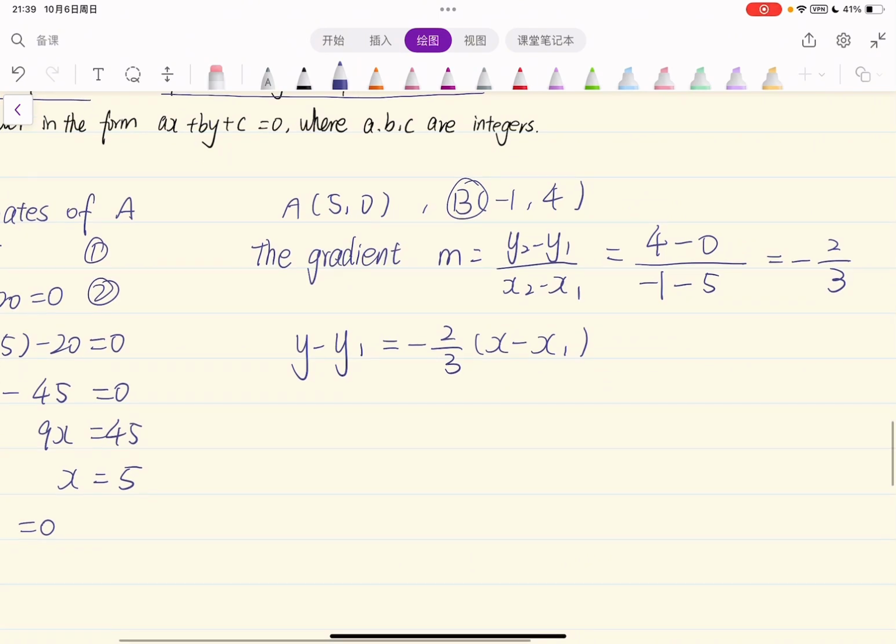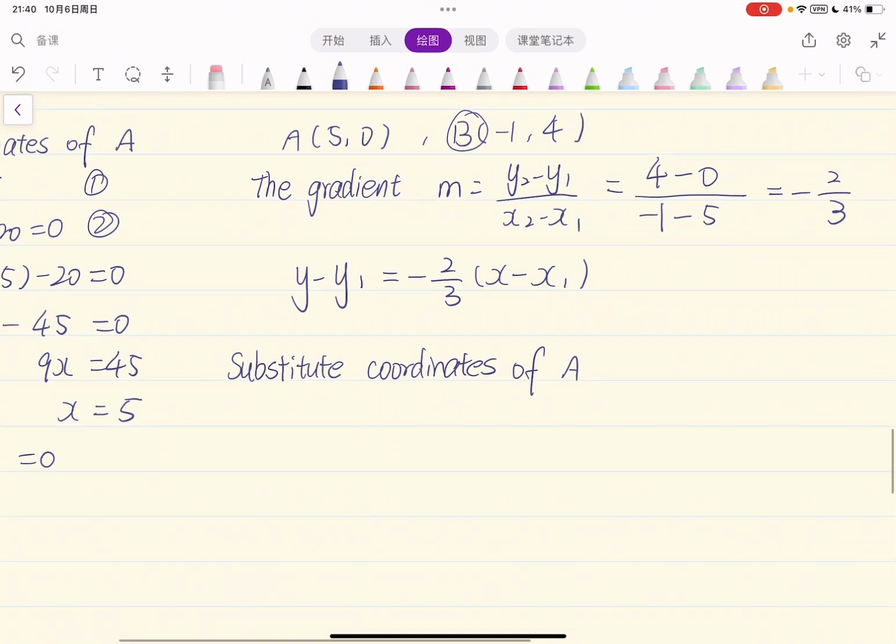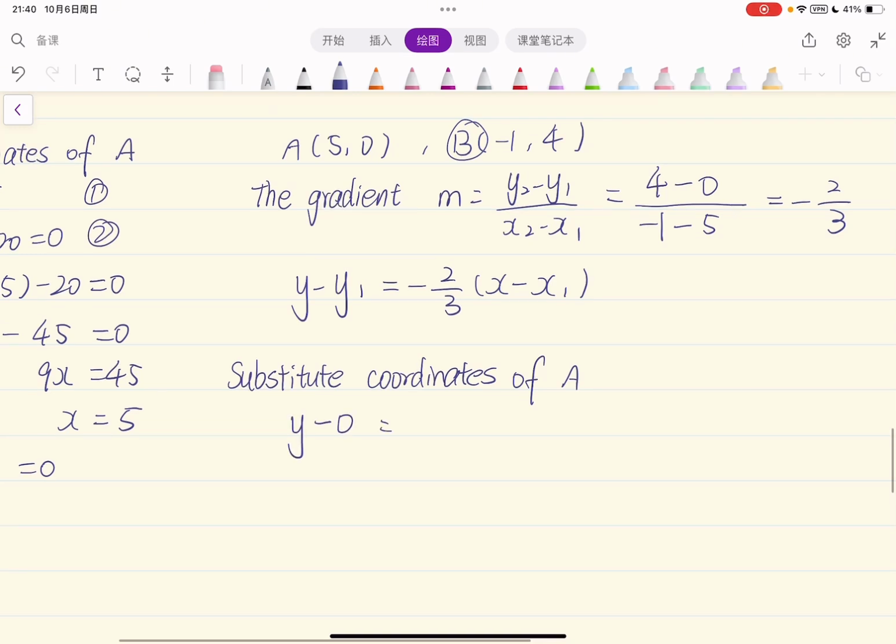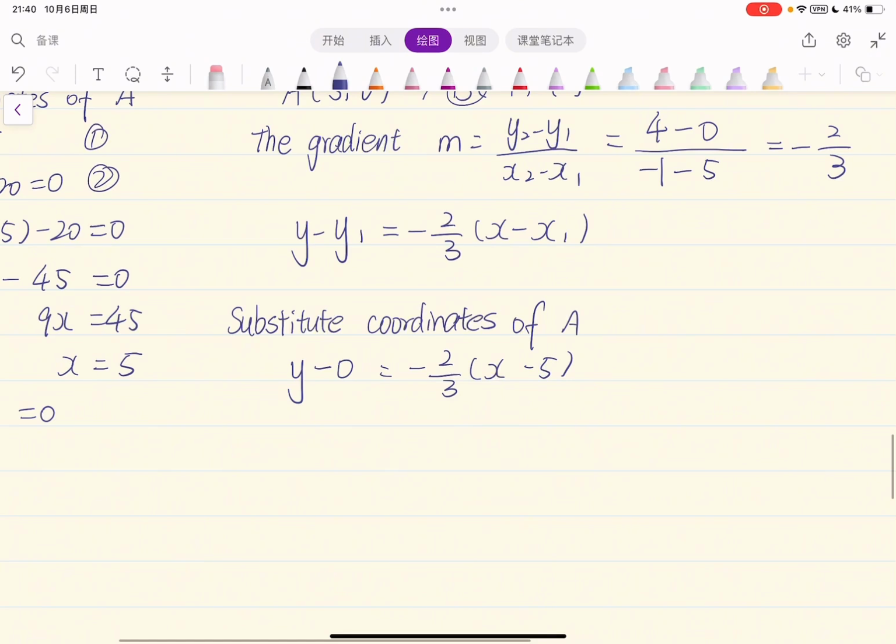In here, I want to substitute the coordinates of A. If you wish, you can substitute the coordinates of B. Then we can get y minus 0 equals minus 2 over 3 times (x minus 5). And rearrange that, we have y equals minus 2 over 3 x plus 10 over 3.